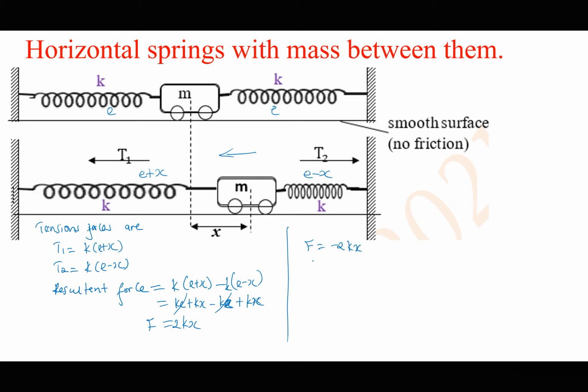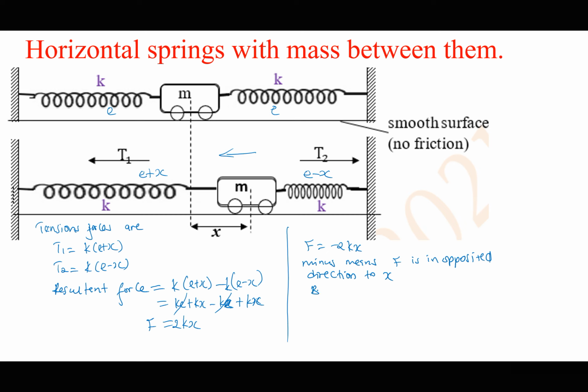So I explain the minus. The minus means that F is in the opposite direction to x. So then I talk about Newton's second law.